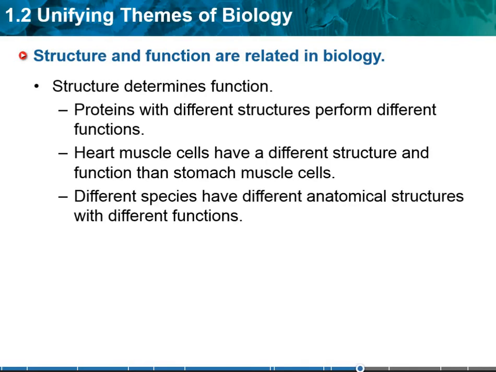Different species have different anatomical structures with different functions. So, for example, our arm is different from a horse's leg in function, but the anatomical structure of it is similar.